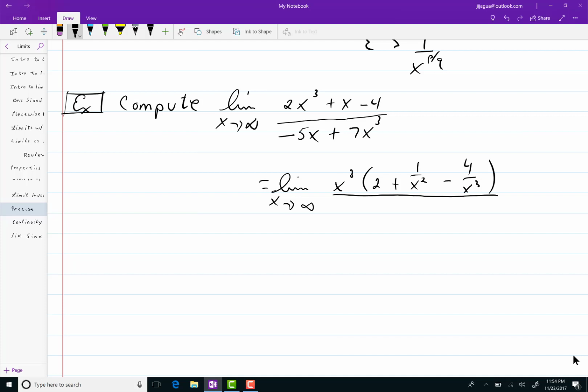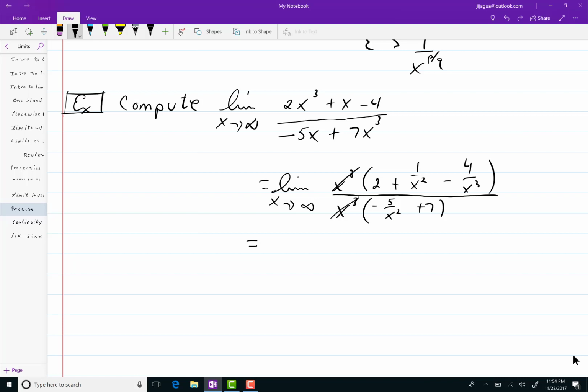In the denominator, the highest power also is x cubed, so I'll factor that out. And that'll leave me with negative 5 over x squared plus 7. Now I can cancel the x cubes.